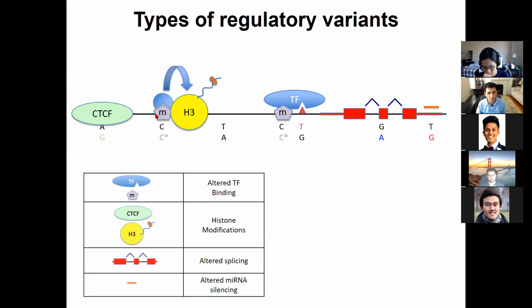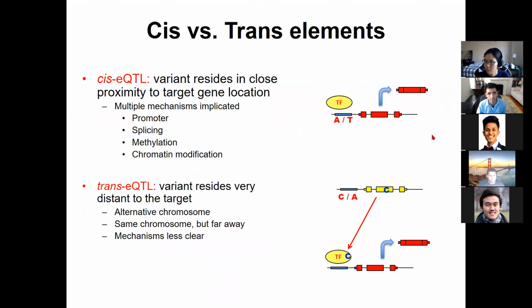There are many different types of variants that could affect gene expression as a quantitative trait. You might affect TF binding, DNA methylation, histone modifications or insulation, splicing, and post-transcriptional degradation through microRNAs or other mechanisms.